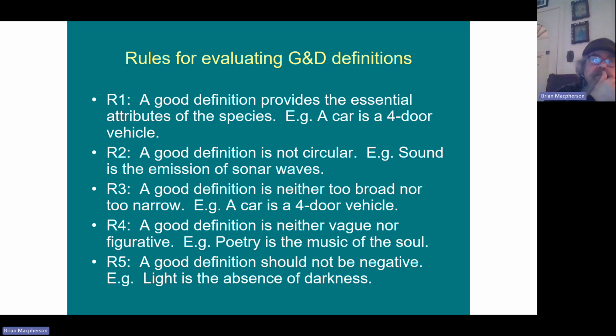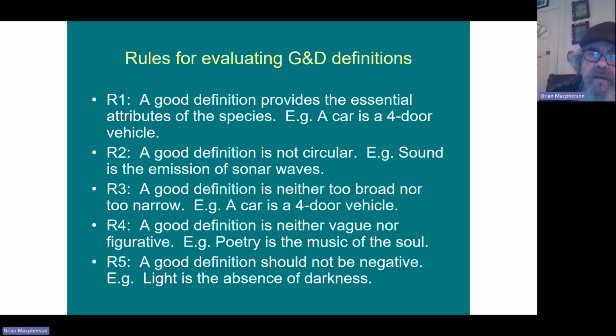Rule number 3. A good definition is neither too broad nor too narrow. Okay, so what does too broad mean? It means that I define a term in such a way that it includes too many things. So I could say, for example, that a car is a motorized vehicle.